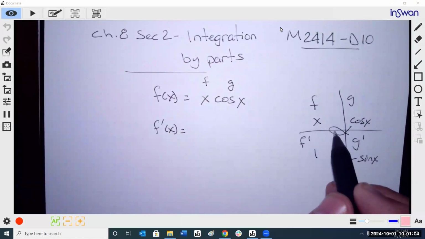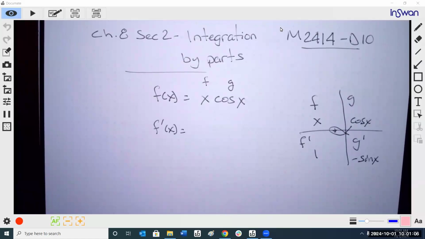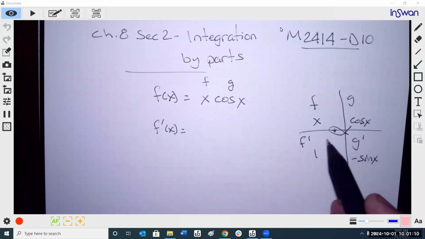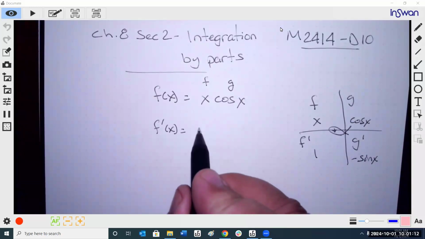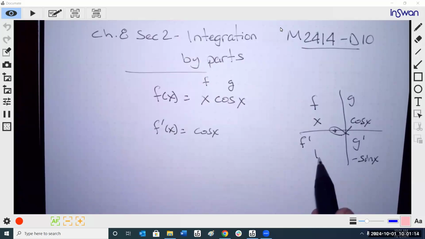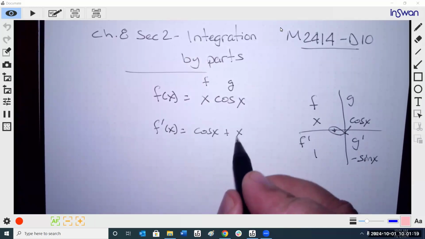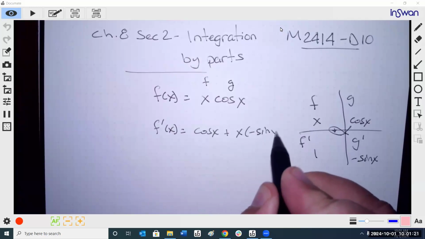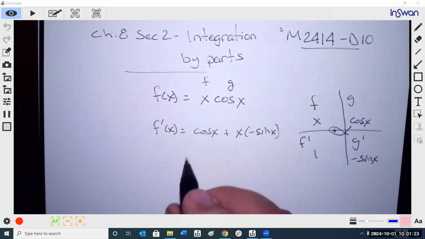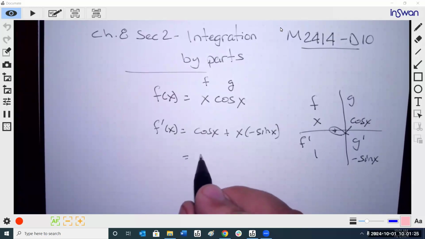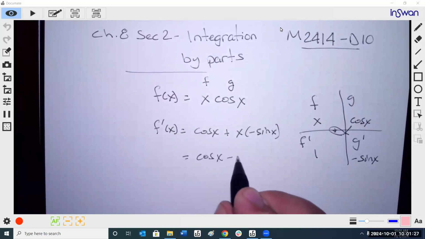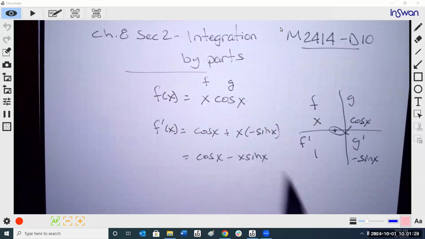Since we're multiplying, it's a plus. So it's cosine x times 1 plus x times negative sine of x, which becomes cosine of x minus x sine of x.